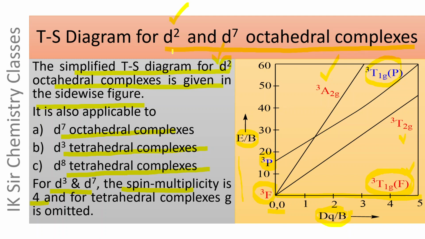But in the case of D2 and D8 transition metal ions, the spin multiplicity is 3, triplet F, triplet P. But in the case of D3 and D7, it will be quartet F and quartet P. At the same time, for tetrahedral complexes, the suffix G is omitted because tetrahedral complexes don't have center of symmetry.